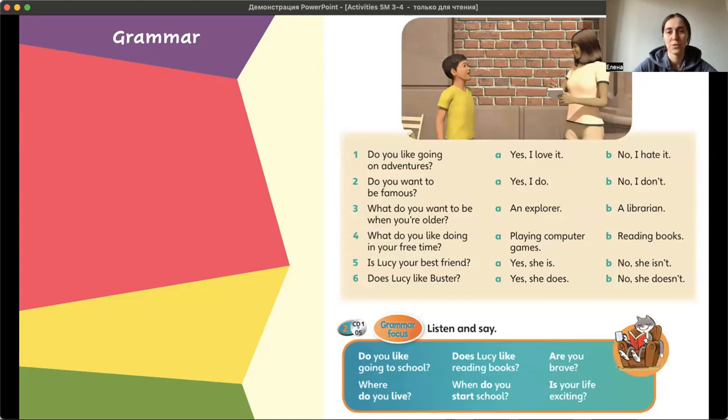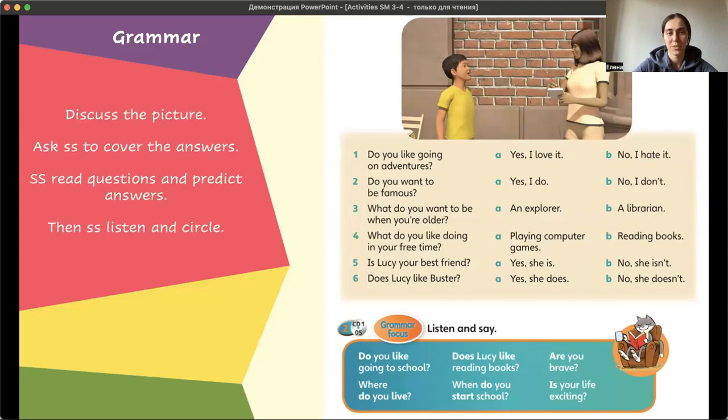So what I usually do, we discuss this picture, then I ask students to cover the answers, these letters A and B, and we look only at the questions and predict the answers. So what could Ben possibly answer? And then they open, they listen and circle.